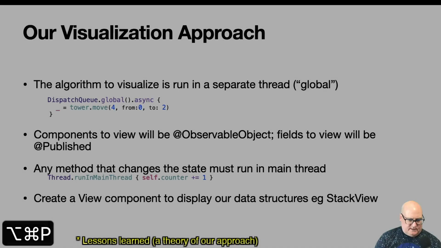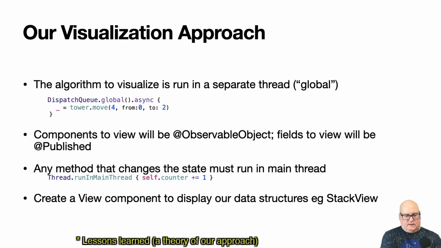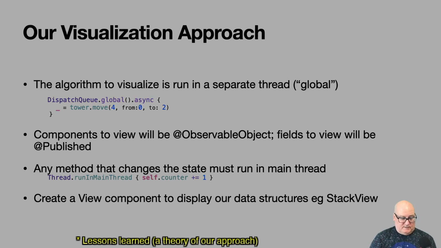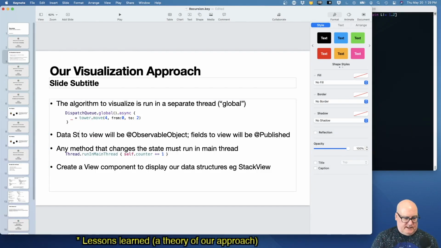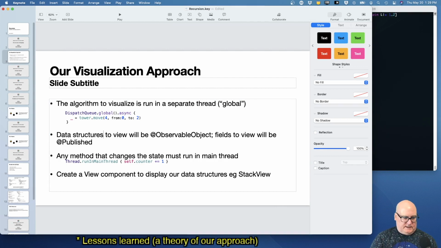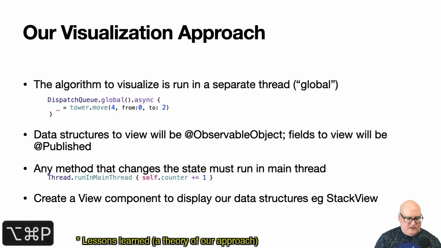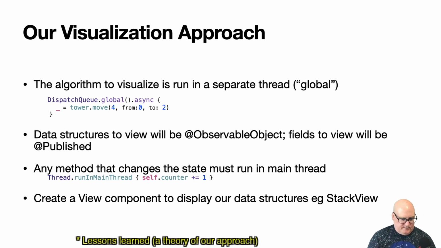Let's see how that looks. Okay, so the algorithm is run in a separate thread. Dispatch global. Components to view. Maybe I should say data structures to view will be observable object, just to keep my language consistent. Data structures will be observable object. Fields will be published. Any method that changes the state must run in the main thread.